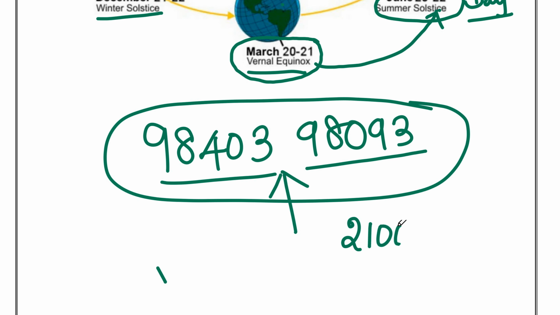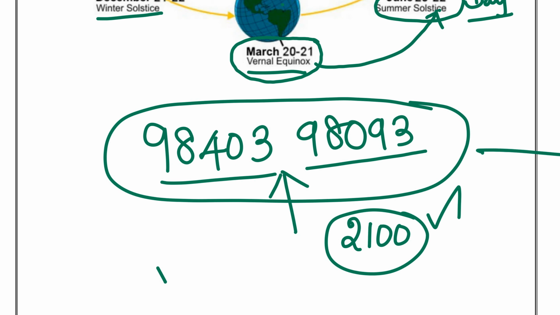Will 2100 be a leap year or not? How do you check whether a given year is a leap year or not? 2100 is divisible by 4. Therefore, is 2100 a leap year or not? In India, our time is IST, the Indian Standard Time, which is 5.5 hours ahead of Greenwich Mean Time. 2100 is divisible by 4, but this is not a leap year.